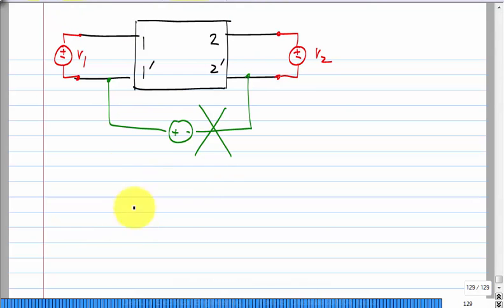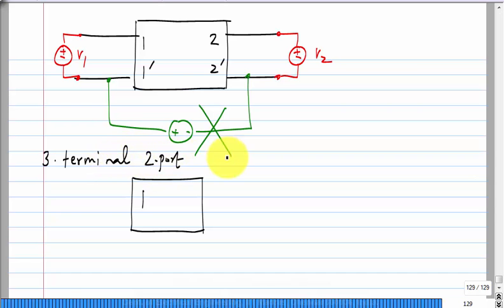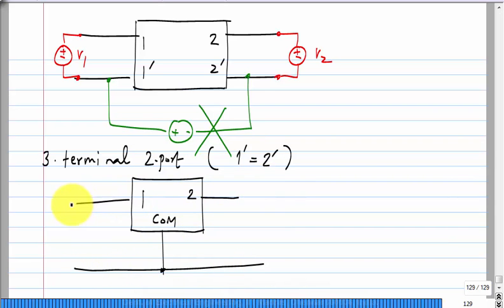Now, if you consider a 3-terminal 2-port, where essentially terminals 1 prime and 2 prime are identical, so it is the common terminal, and 1 and 2, then this problem doesn't arise.